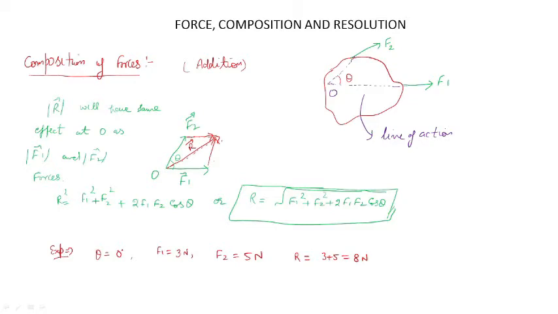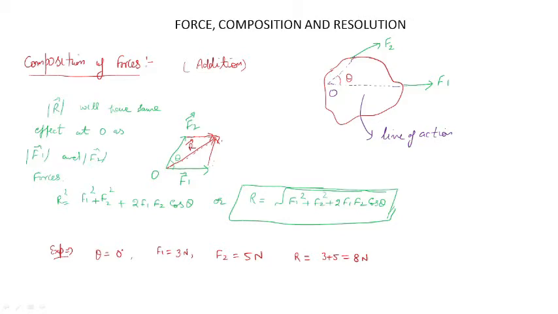Let us say that O is the action point of the two forces, and the angle between the two forces is theta. So we can have a resultant force which will have the same effect at point O as the effect of the forces F1 and F2 combined.